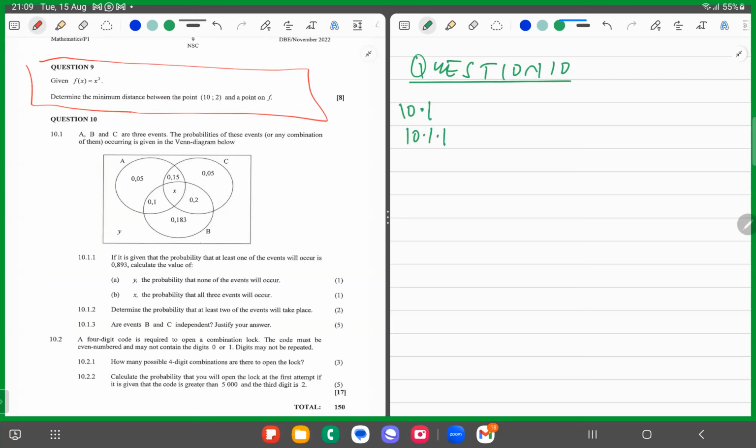A, B, and C are 3 events. The probabilities of these events or any combination of them occurring is given in the Venn diagram below. 10.1.1.